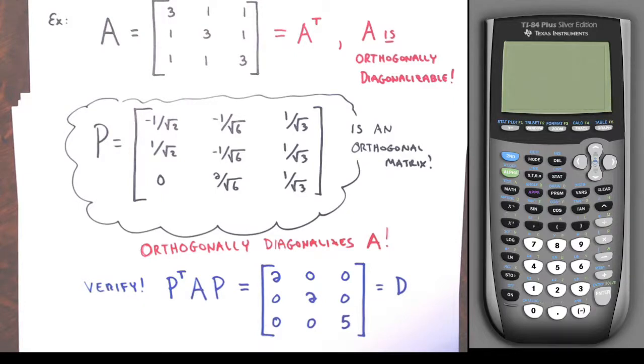Okay, so lots of stuff in this video. It was the same procedure over and over again. There's a lot of stuff to do. All right, so first, remember, is a matrix symmetric? If the matrix is symmetric, then it is orthogonally diagonalizable. Then find the eigenvalues of that matrix, find the corresponding eigenspaces, and also a basis for each of the eigenspaces.